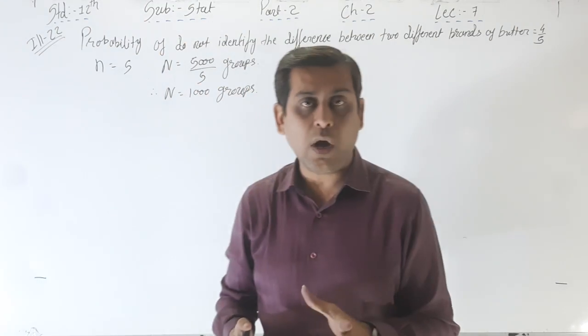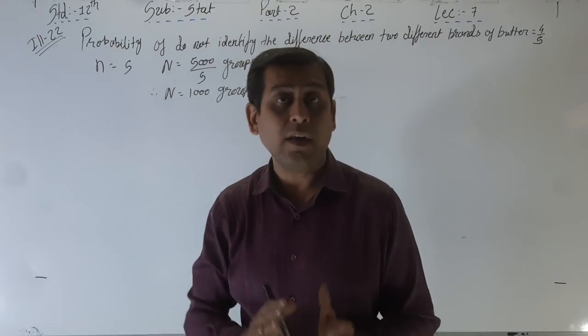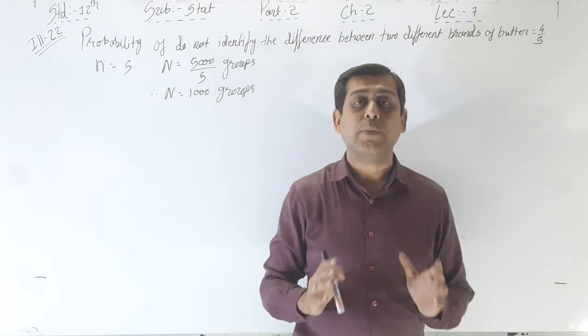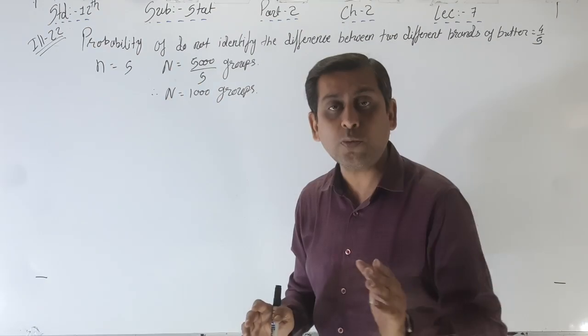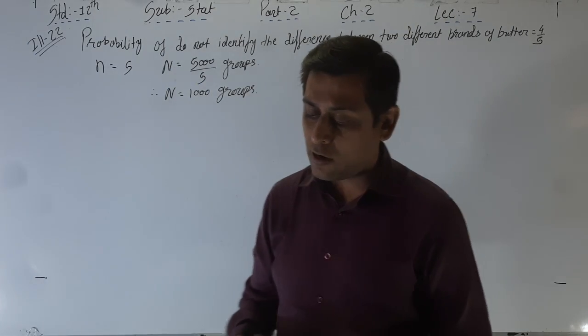One group of 5 housewives is your small n, total 5,000 housewives each divided in 5 means 1,000 groups are there, that is your capital N.